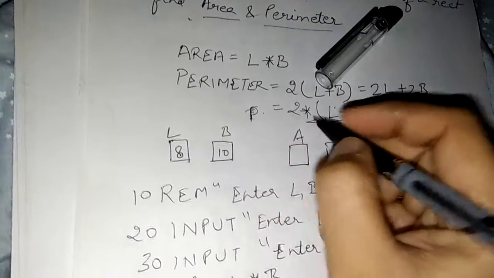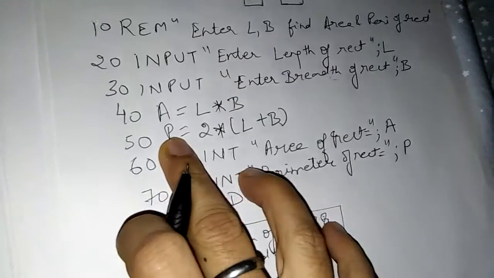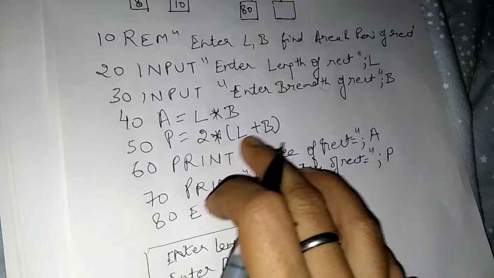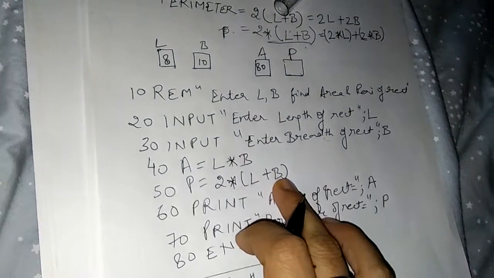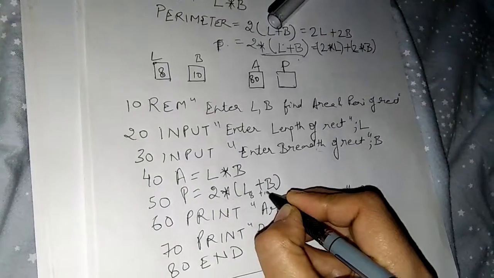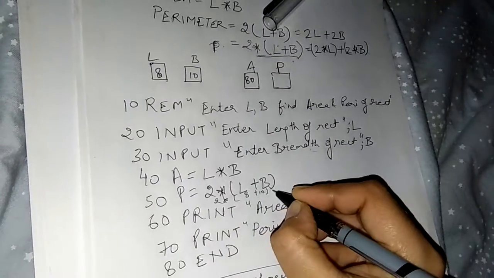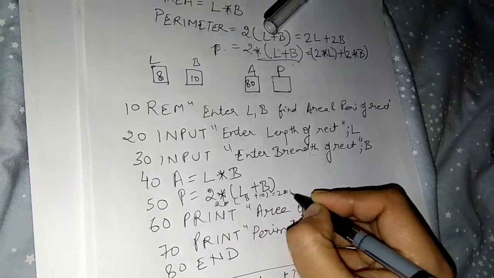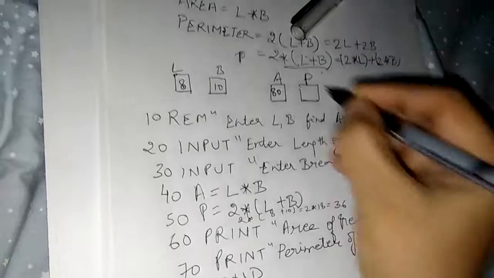A is L into B. 8 into 10, 80 will be stored in A. P will have twice of L plus B. L is 8 plus 10. 8 plus 10 is 18. 2 into 18 will be 36.